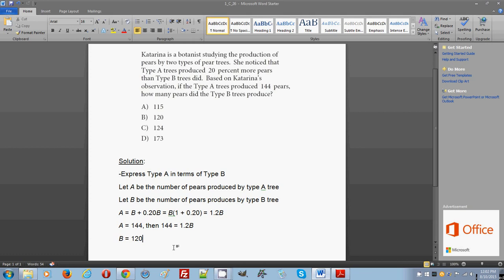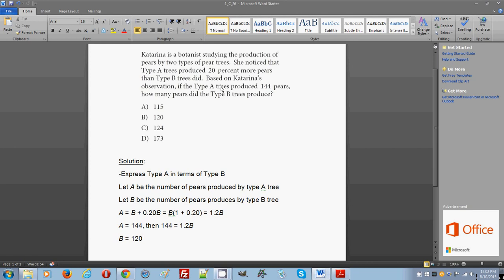So this question is a typical word problem where you need to understand the relationship between two variables. Type A trees, the number of pears that type A trees produce, and the number of pears that type B trees produce. Okay, two variables, and you need to understand the relationship based on what you read here. So let's see.